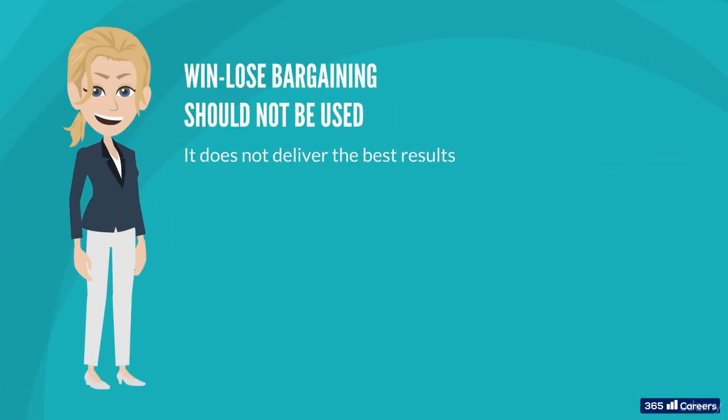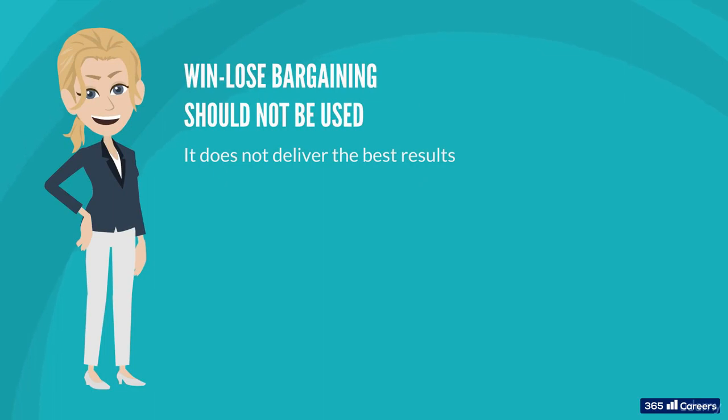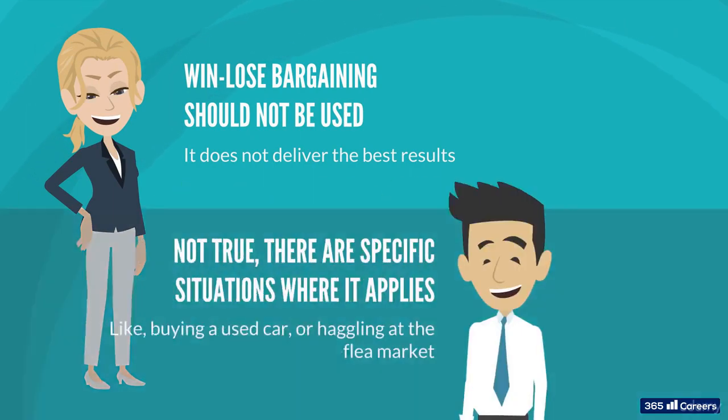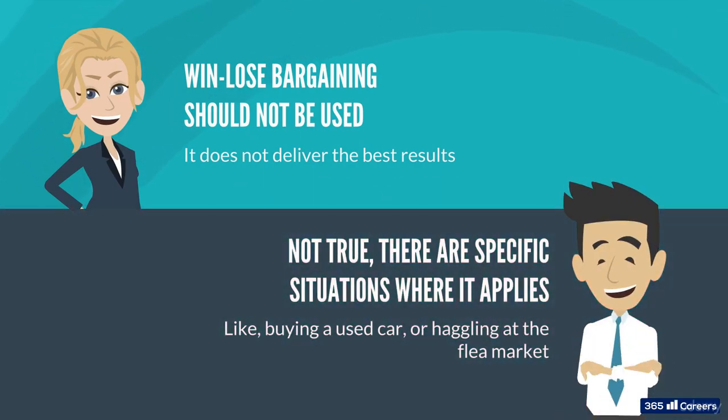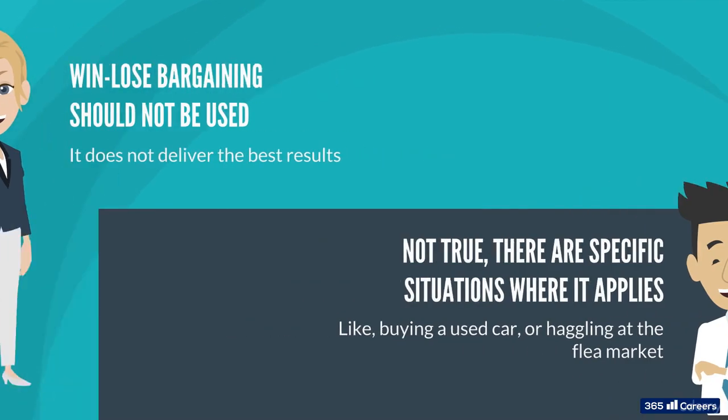The popular opinion in conflict resolution theory is that win-lose bargaining should not be used because it does not deliver the best results. However, there are specific situations in which aggressive negotiations make more sense than negotiations which focus around creating value for all parties. For example, when buying a used car or haggling at a flea market. We will learn why a bit later.